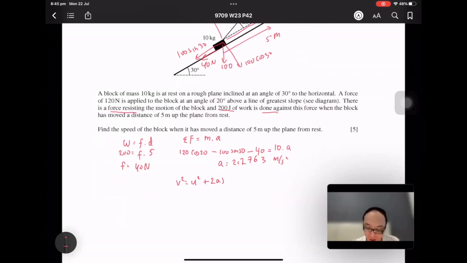So v squared equals u, which is 0, plus 2 times a, 2.2763, times 5. So equals this answer times 2 and then times 5. Yeah, so this is 22.763 for v squared. So v is the root of this answer, so it's 4.77 meters per second. That's the answer for this.